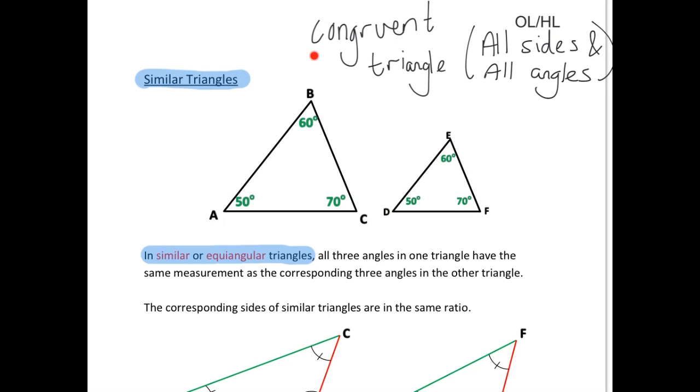And that's the crucial difference between congruent triangles and similar triangles. In congruent triangles, all sides and all angles have to be equal, but in this case, we're only looking at the angles being the same, so the sides could be different lengths.